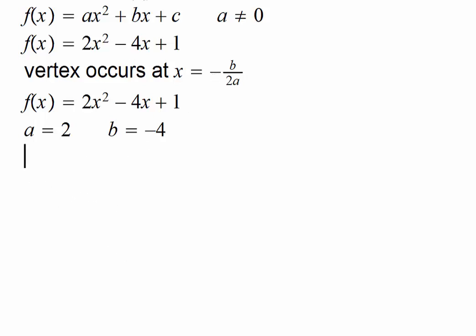So for the vertex we have x equals negative, and b here already is negative, divided by 2, and a is 2. So x is 1.